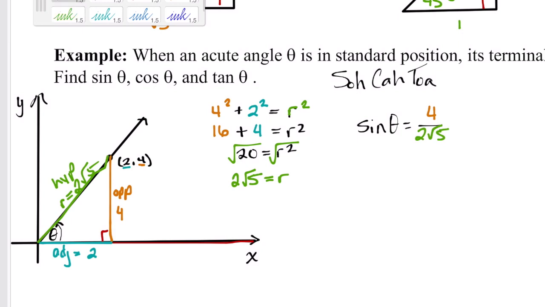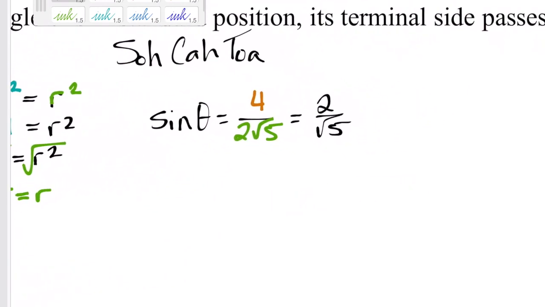I'm going to reduce this a little bit, so I have now 2 over square root 5. And we don't like to have the square root 5 on the bottom. That's not rational. We want to be rational people. So I'm going to multiply both top and bottom by that square root 5 in order to have a rationalized denominator. So we end up with 2 square root 5 over square root 5 times square root 5 just gives us 5. So I've got my sine.